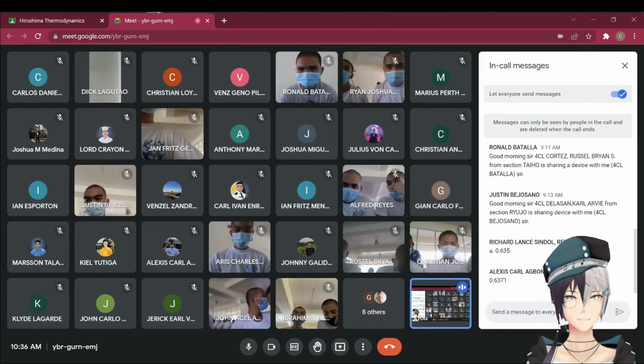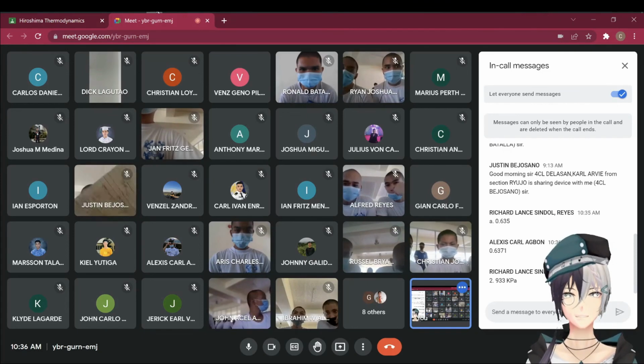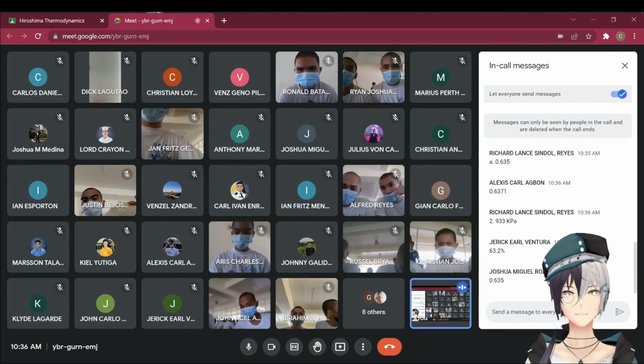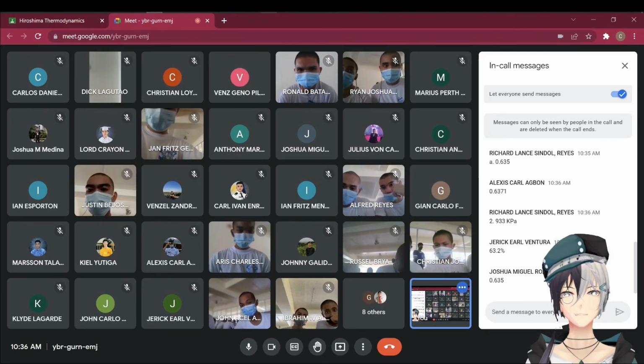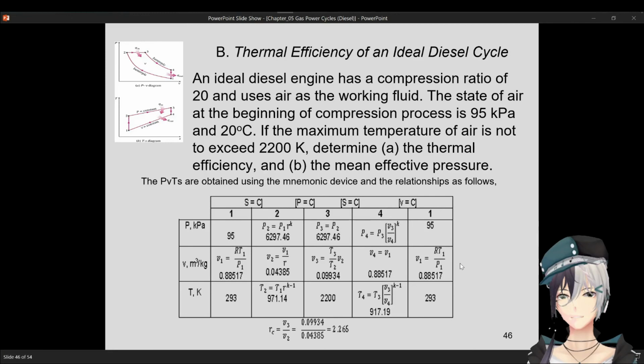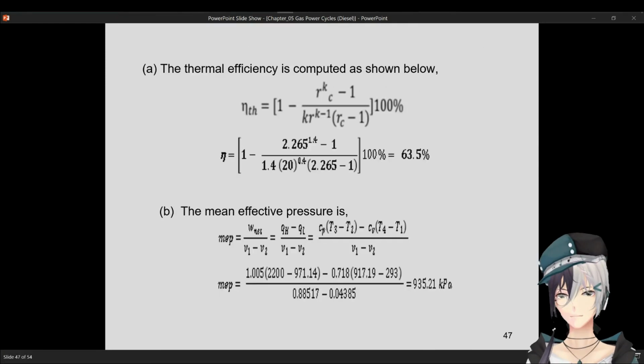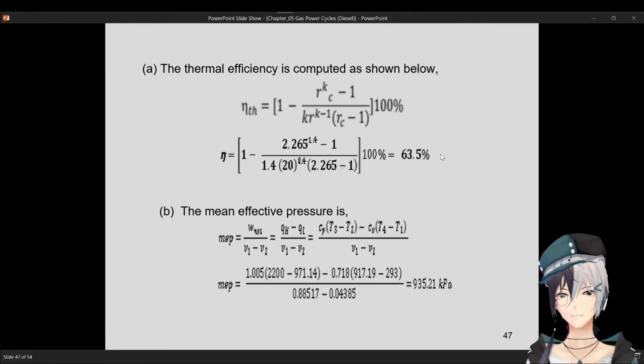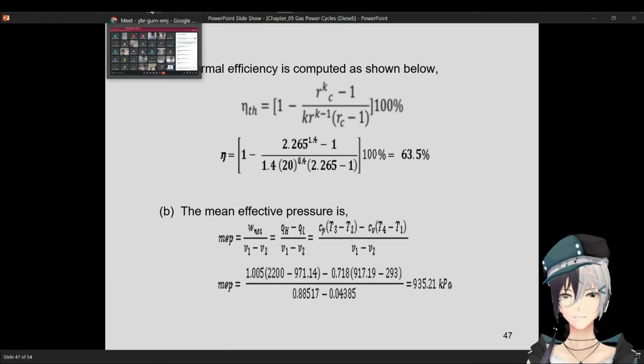Any other answer? Okay, so let's see if the answer is correct. All right, very good. So it's 63.5. Someone answered, it's correct.